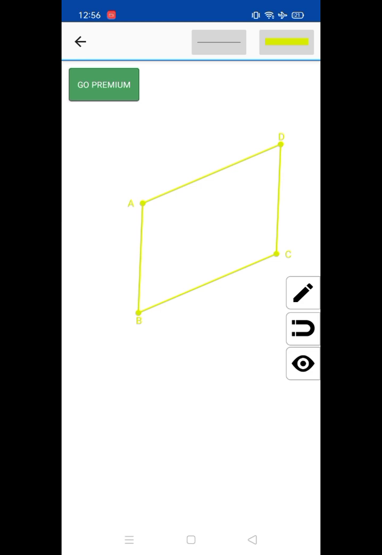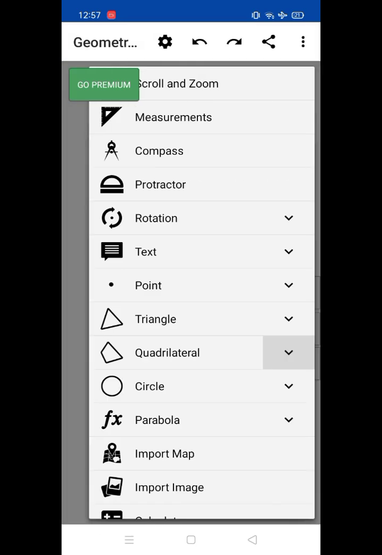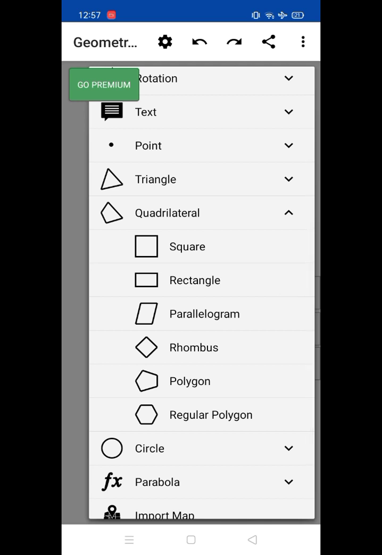However, just like the rhombus, the interior angles are not right angles or equal to 90 degrees. Angle A is congruent to angle C. They are both obtuse angles, and angle B is congruent to angle D, and they are both acute angles. And there are a lot of kinds of quadrilaterals.